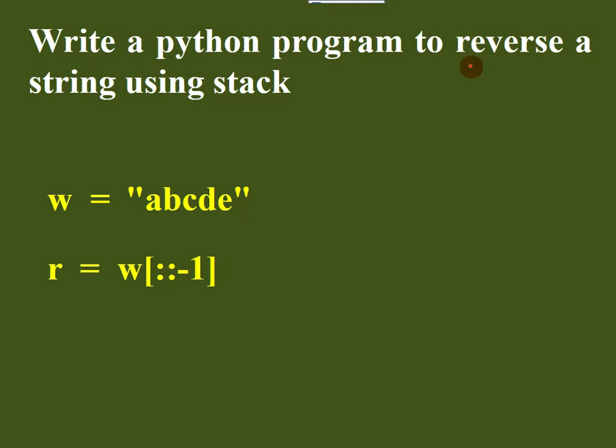But here we need to reverse a string by making use of stack. So let w point to the string a, b, c, d, e. If you want to get each and every character present in the string, you can write the code for i in w.